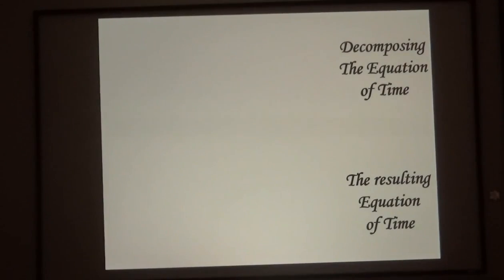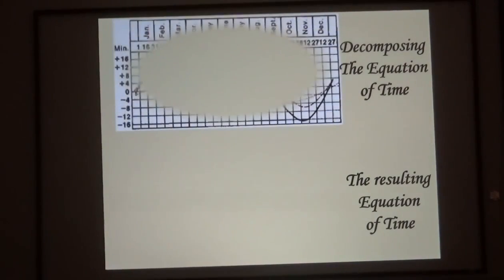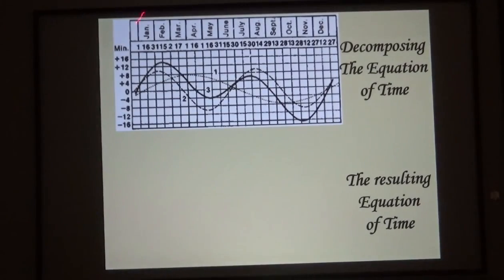Okay, I just want to sort of decompose the equation a bit to make it a little more obvious how it works. The dotted line here is the graph according to the elliptical orbit. Number 2 is a perfect sine wave according to the obliquity, or the tilt. And you can see now when you combine those two graphs, you get a fairly good maximum here.